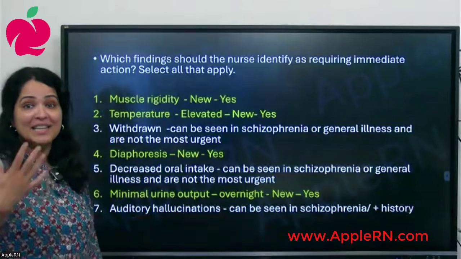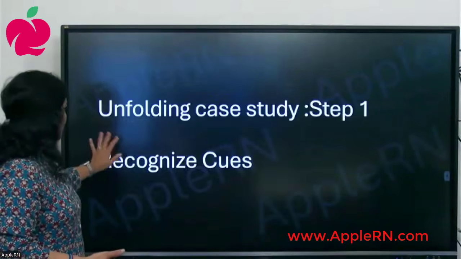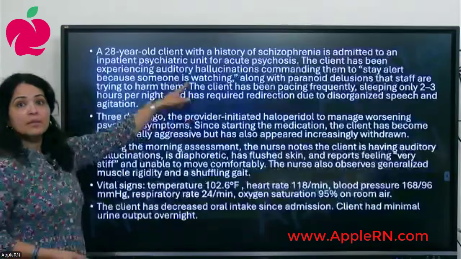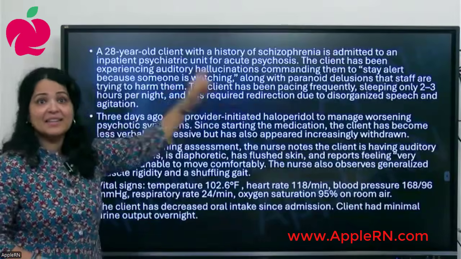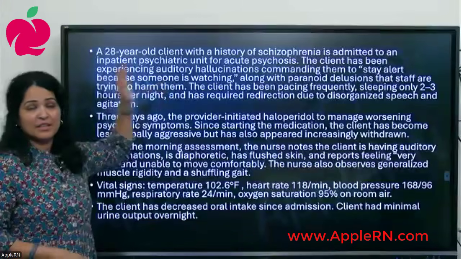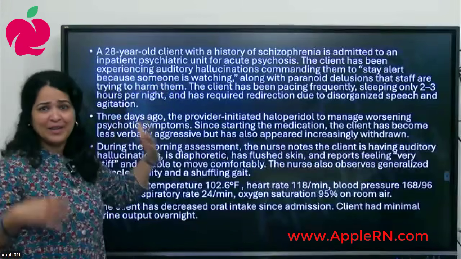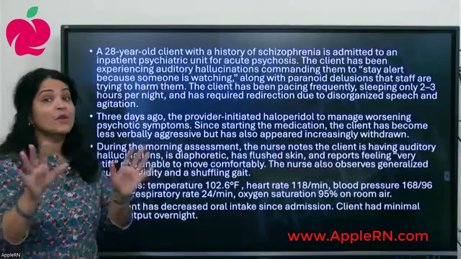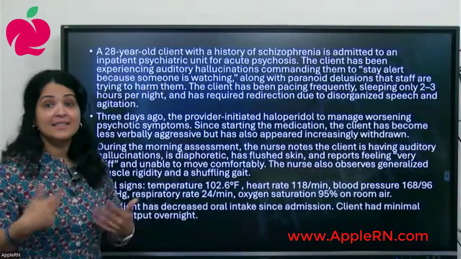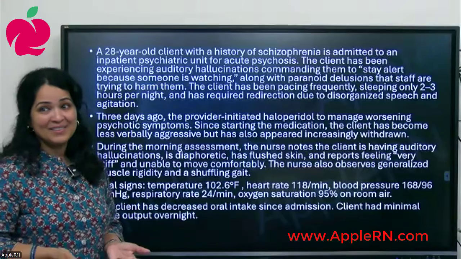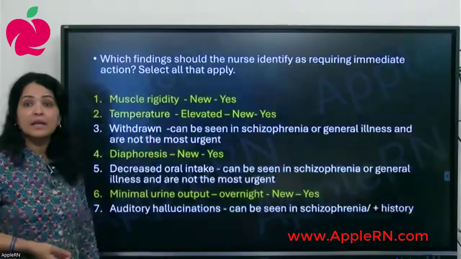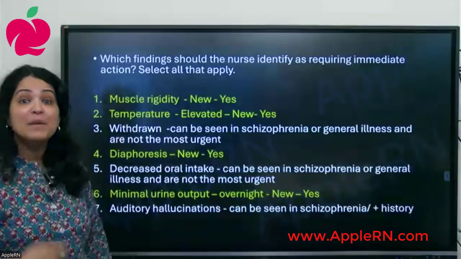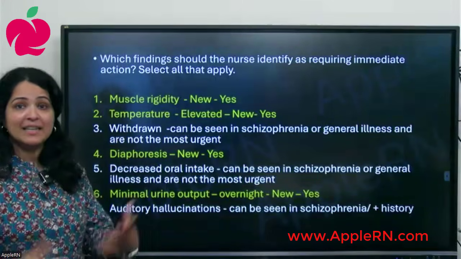The patient came in with auditory hallucinations, commanding them to stay alert, more paranoid too, hearing things. It was already there. Is it something new? No. So that's why it's not something requiring immediate concern right now.